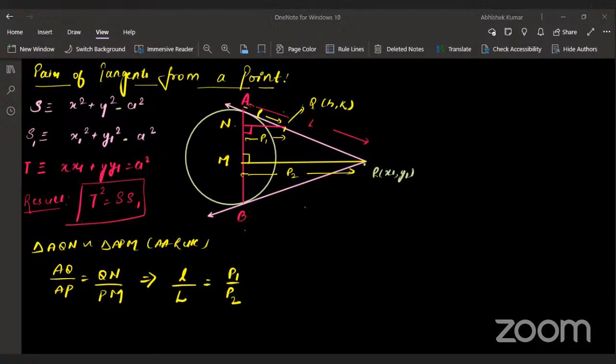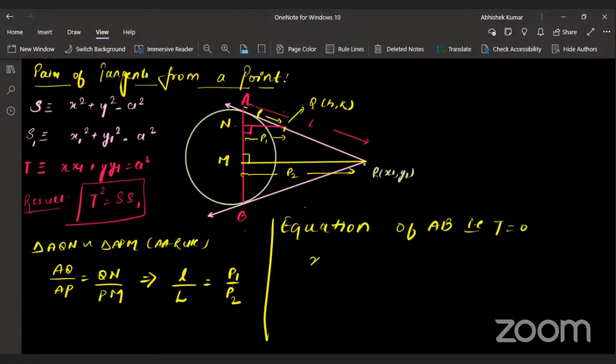We covered this in the session. Chord of contact AB. What's the equation of that? Equation of chord of contact is T equal to 0, right? That we derived last time. Equation of AB, that is T equal to 0.